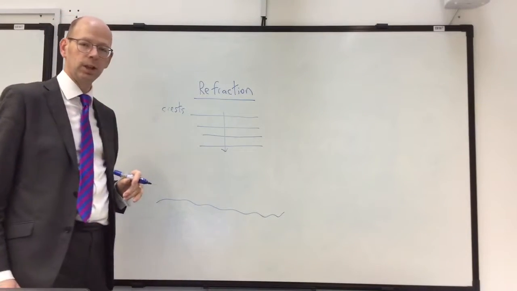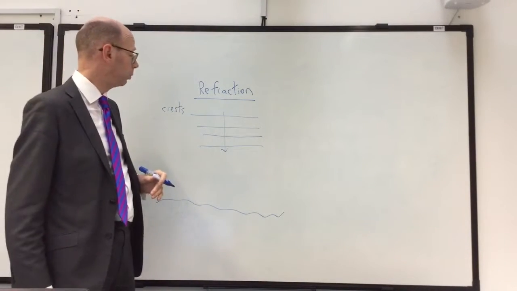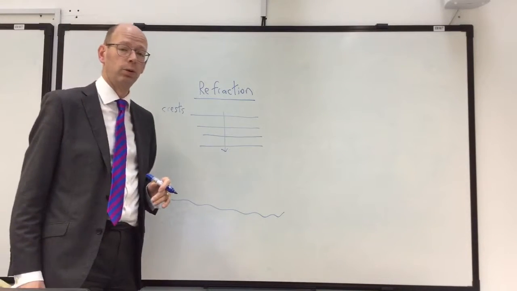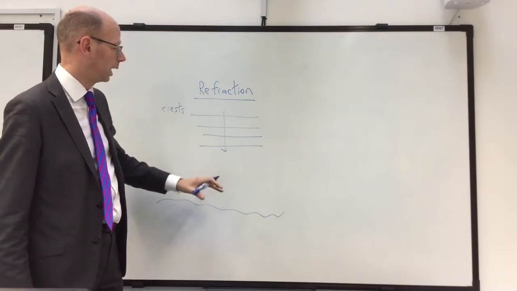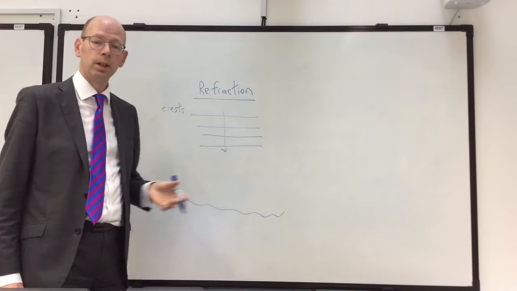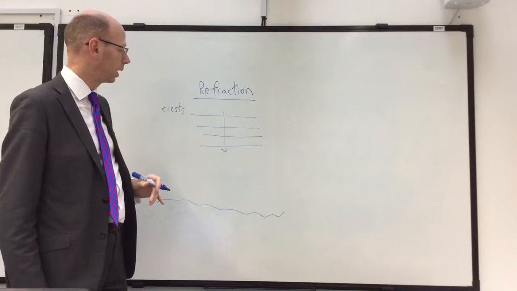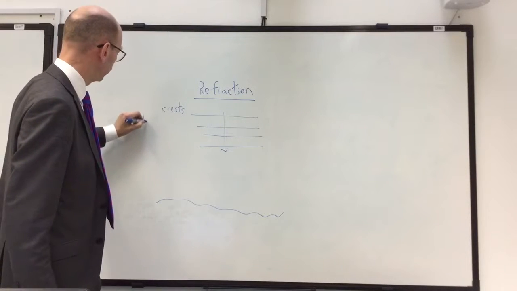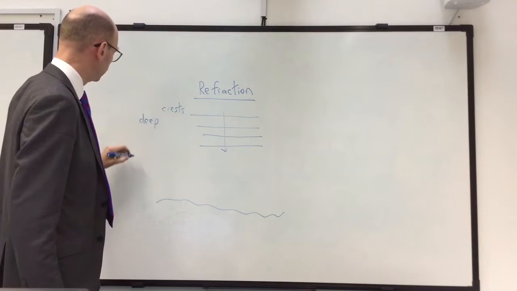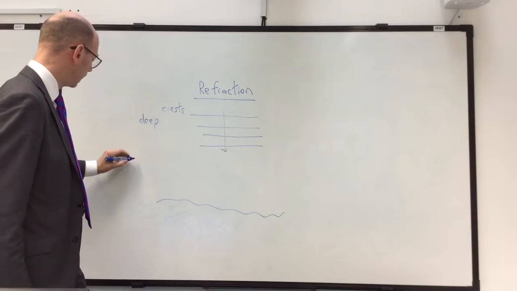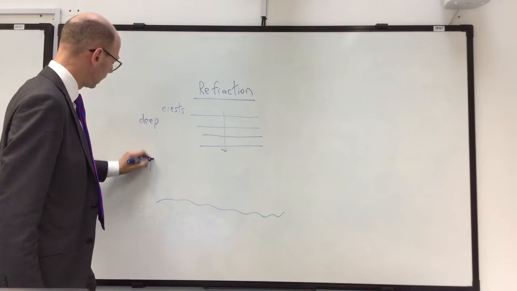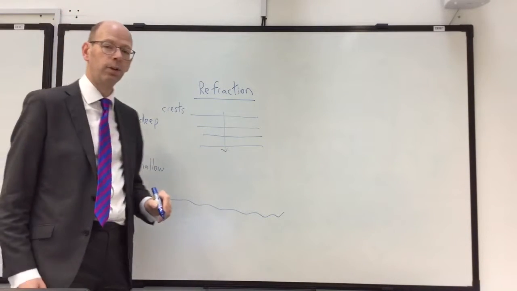Now, as you may or may not know, as water waves travel towards the shore, the beach underneath means that the water tends to get shallower. Fairly obvious. As we go from deeper water further out, we get near the beach, we get shallow water, and that has an effect on the waves.